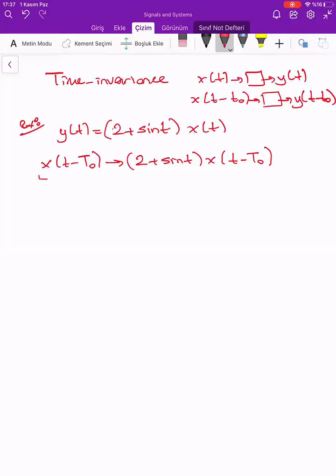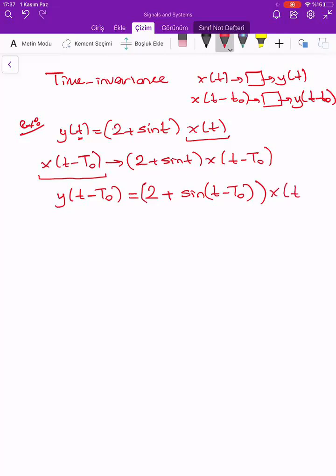If my input is this, I will put it instead of the x of t term, and then we will obtain 2 plus sine t times x of t minus t0. Now, if I write t minus t0 instead of t in the output, what is the output? 2 plus sine of t minus t0, times x of t minus t0.